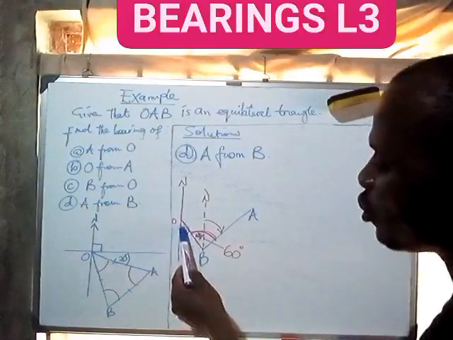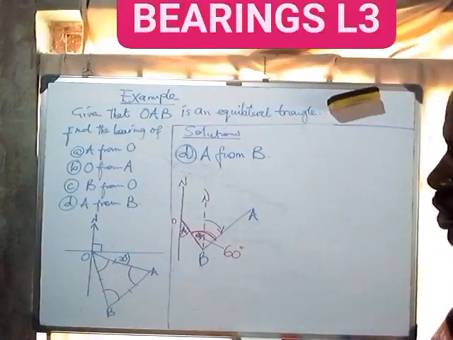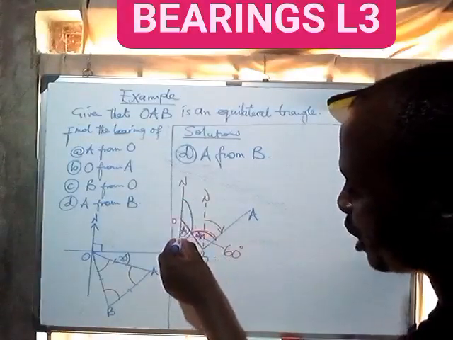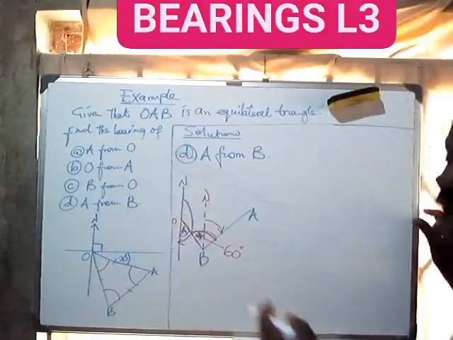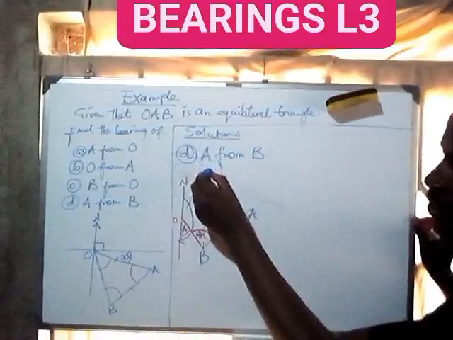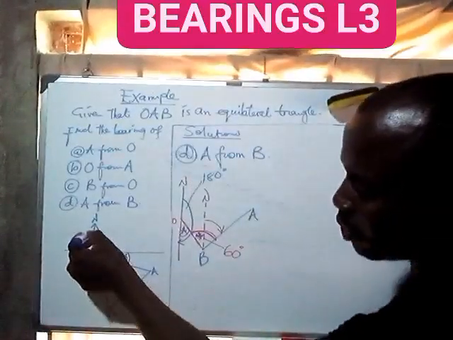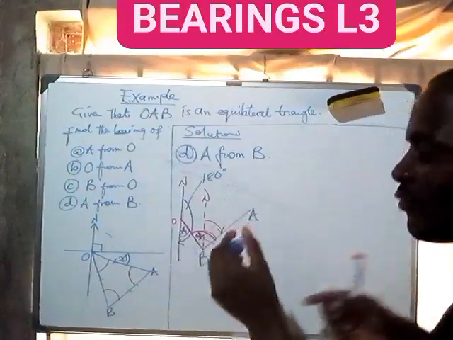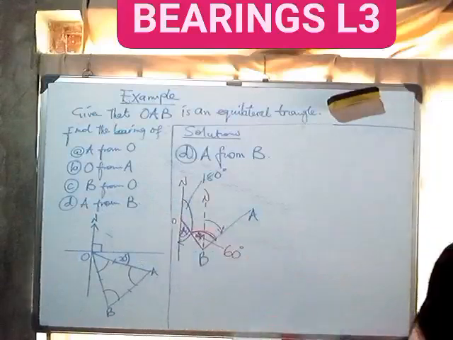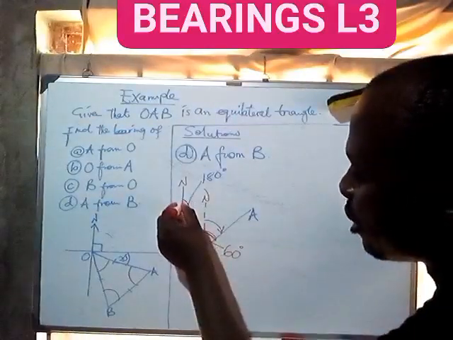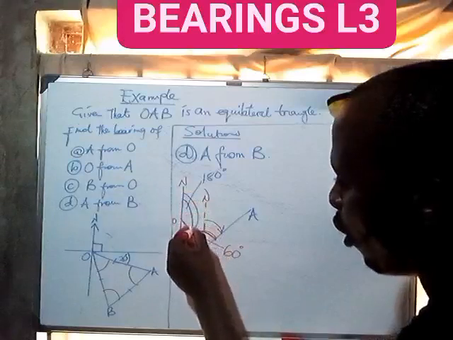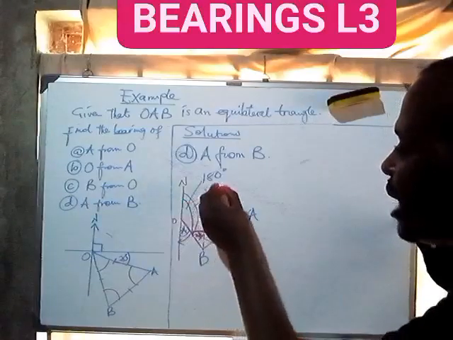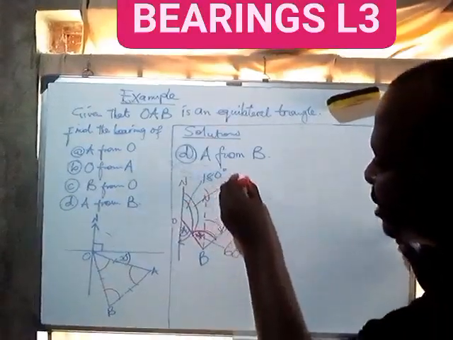Now, how are we going to know this angle? This angle here can be known by saying the whole lot of this up to here. Because this is a straight line, it is 180, meaning from here up to there, it is 180. From the previous question, question number C, we found that the angle from O up to B is 170.